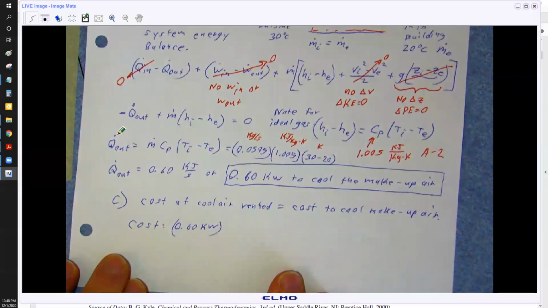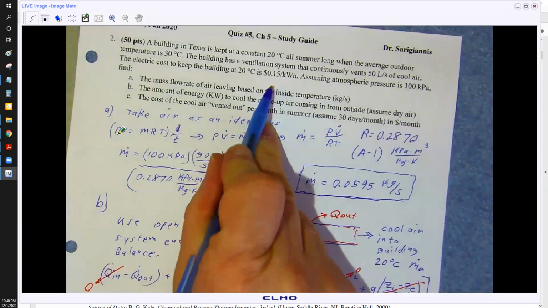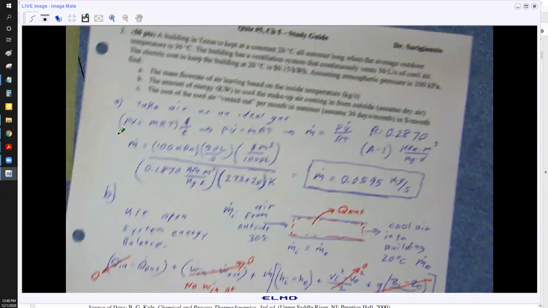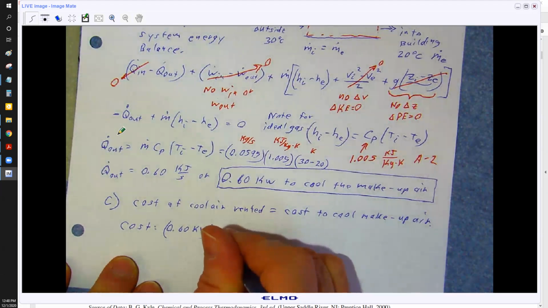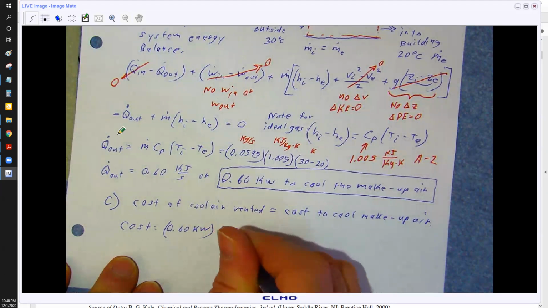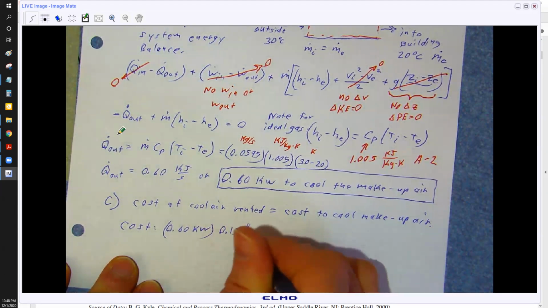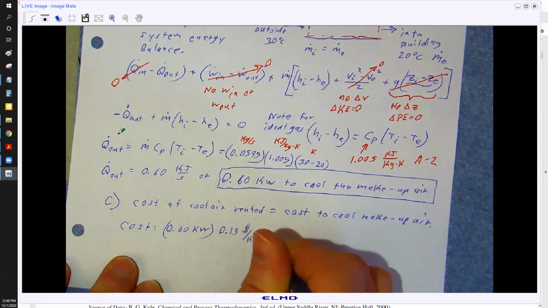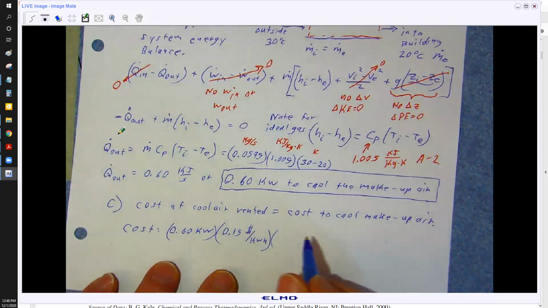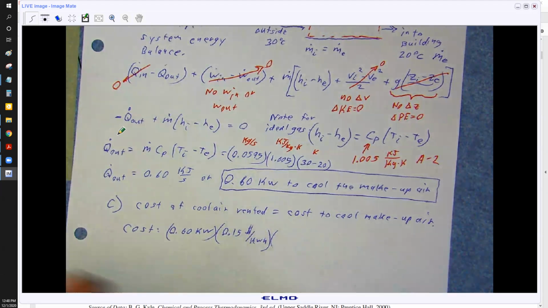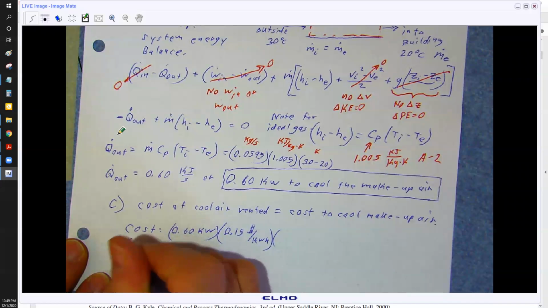We know that it costs us 15 cents per kilowatt hour, so let me write that down: 0.15 dollars per kilowatt hour. Now, we want this cost per month.